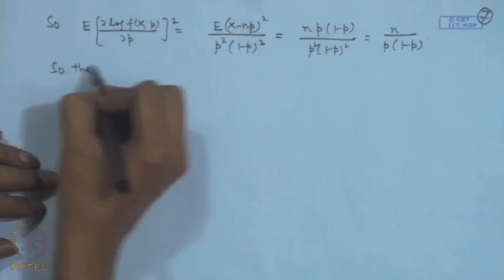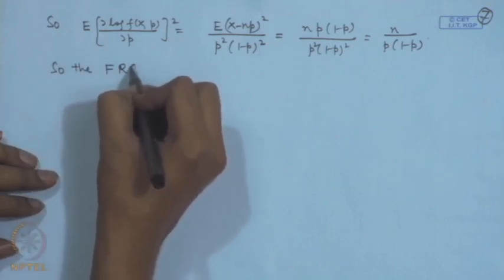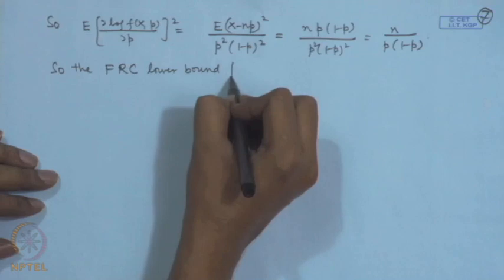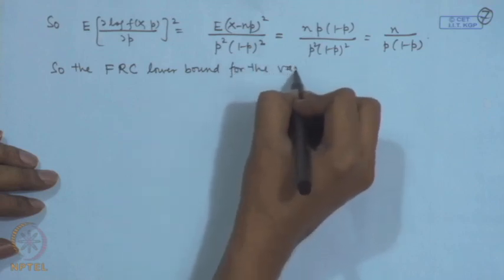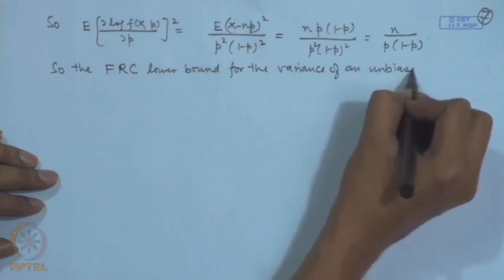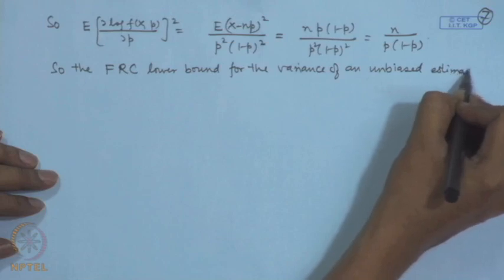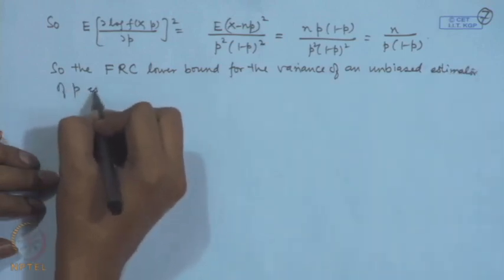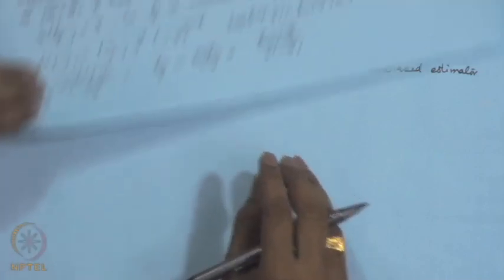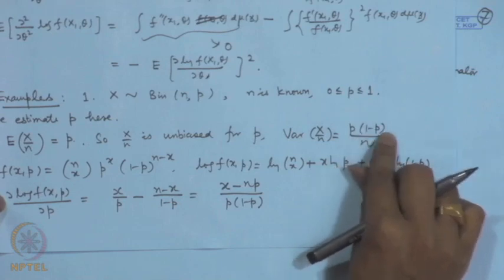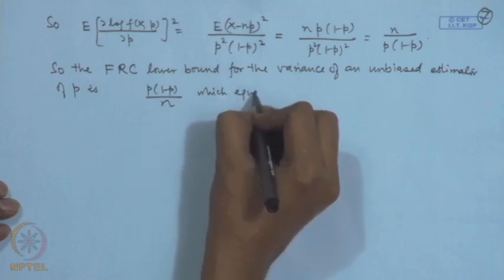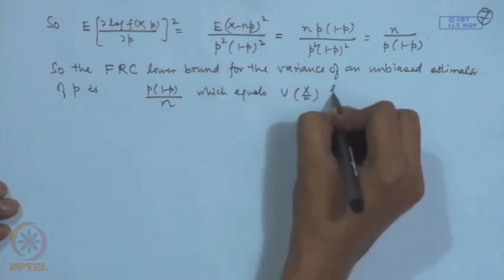So, the FRC lower bound for the variance of an unbiased estimator of p is p into 1 minus p by n. Now, in this particular case you observe here the variance of X by n was equal to p into 1 minus p by n, which equals the lower bound here.